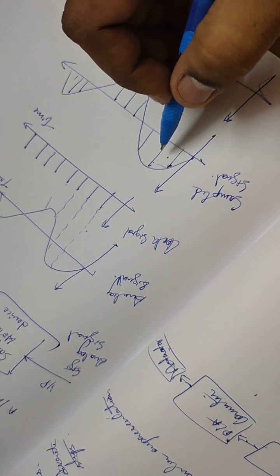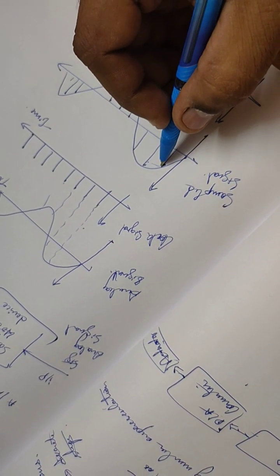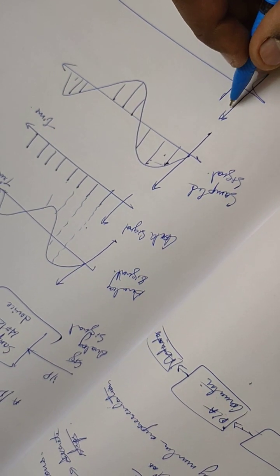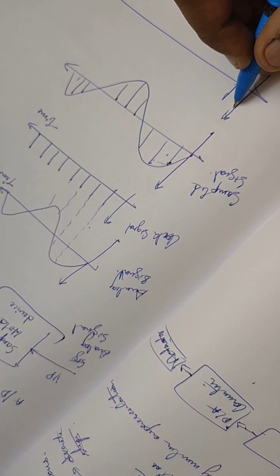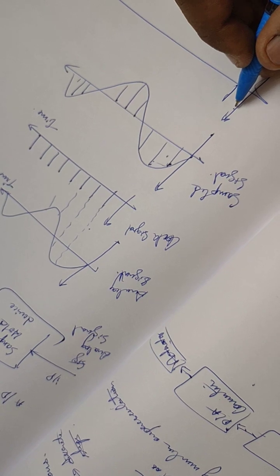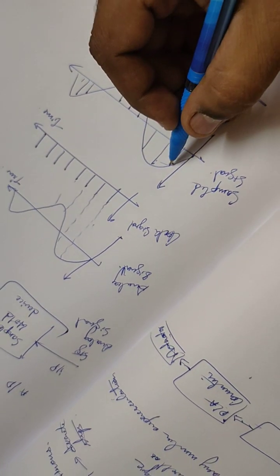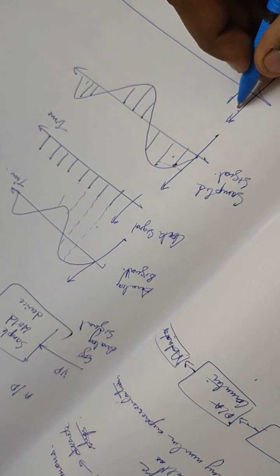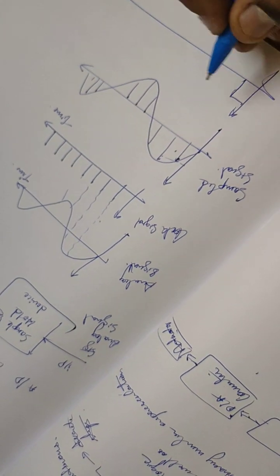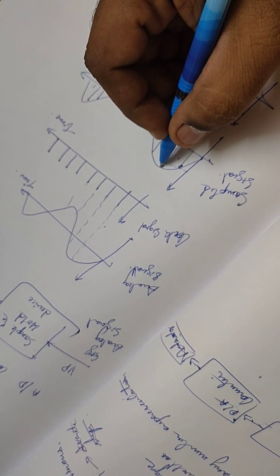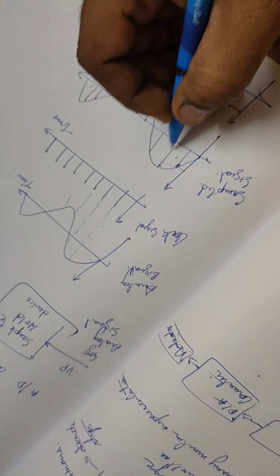First it will hold. This is a sampled value, right? It will hold till the next one occurs, at this point.